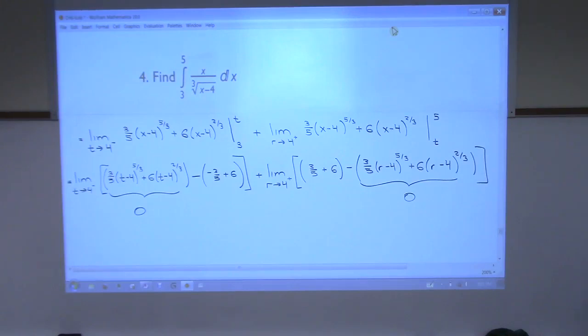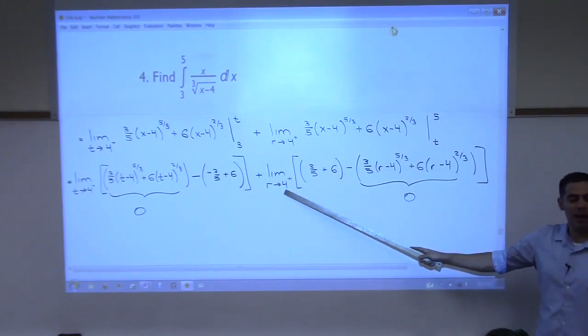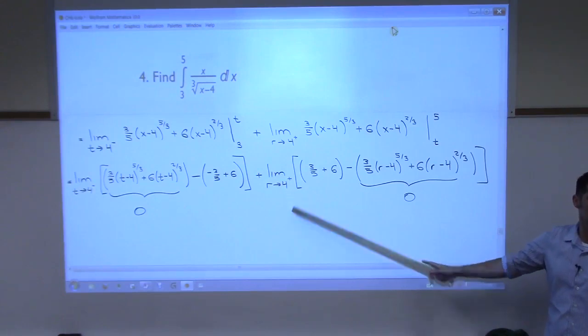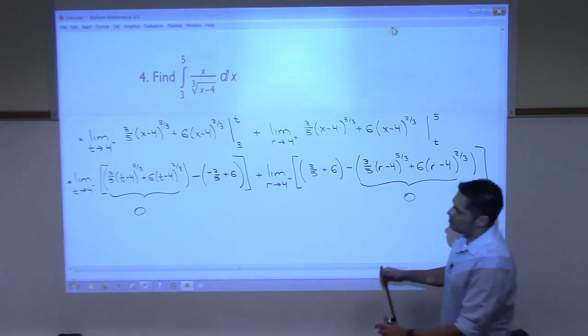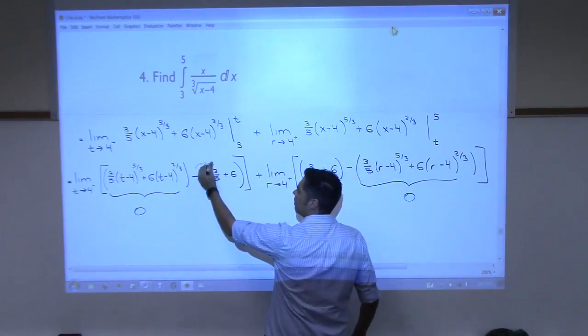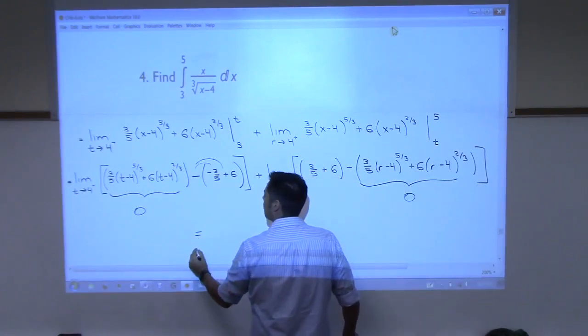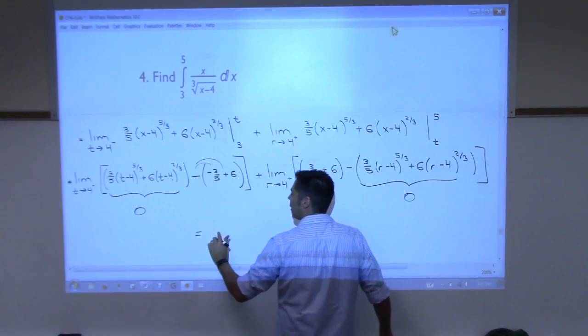Even though it's a positive four? Is what now? Even though it's a positive four, doesn't matter? What's a positive 4? Because if it's plus, that doesn't mean it's a positive 4. This is 4 from the right side. It's still headed to 4, right? So then all I'm left with are some constants, right? So let's distribute the negative through here. We should get that this is equal to, and no more limits, right? I've taken all my limits.